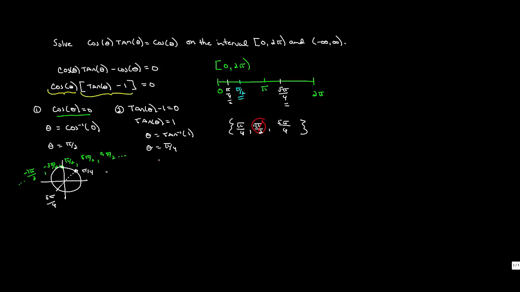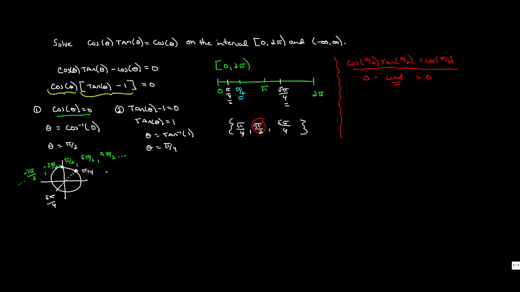Let me show you why. If I plug in pi over 2, this guy is 0, this guy is undefined, and so that's not a solution because we can't even plug it into the original. So there's a problem there. We can't even put that guy in. So it's not a solution.